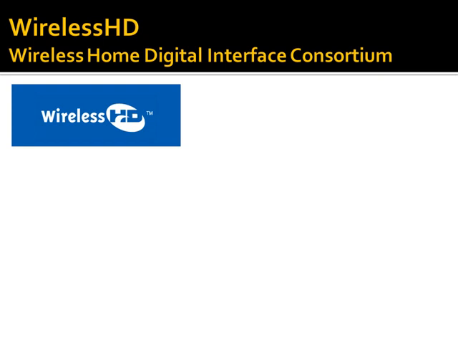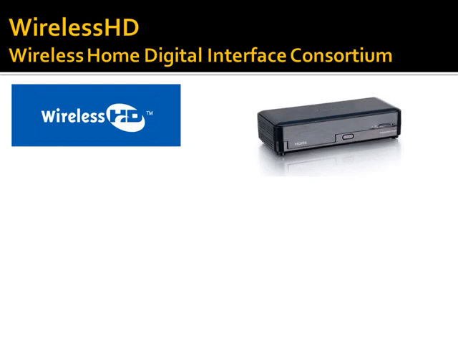Okay, got 10 minutes. So WirelessHD is one of the systems. This is actually the one that came out of an industry group, and it uses a 7 gigahertz wide channel at 60 gigahertz. So you have your box.